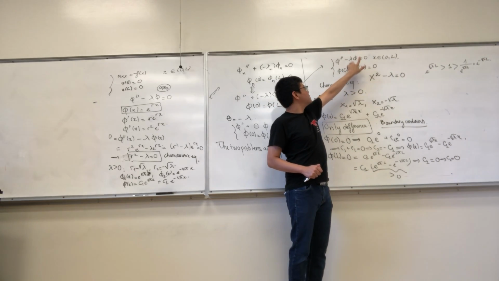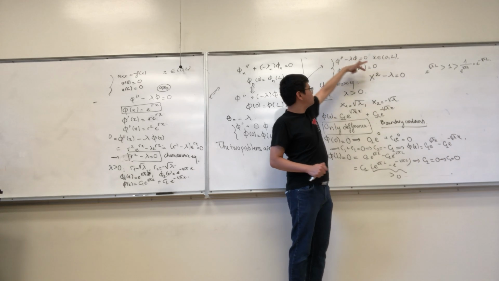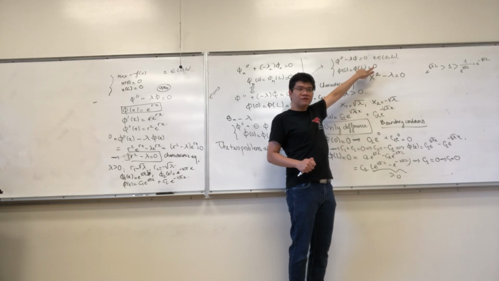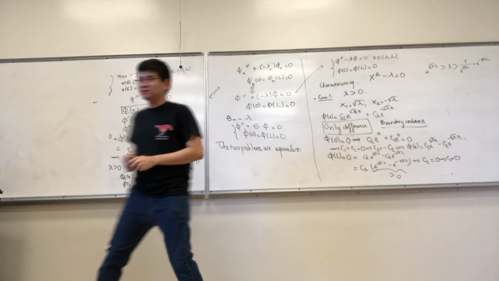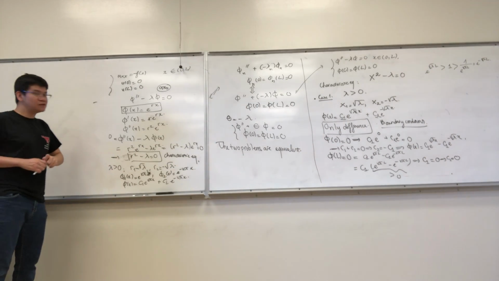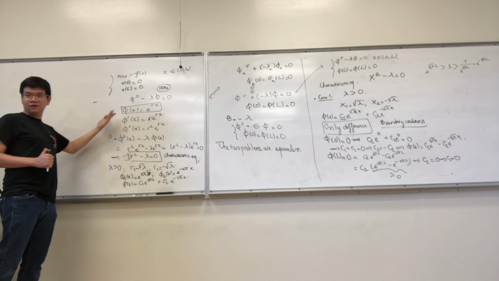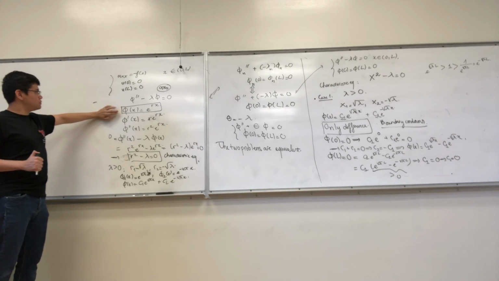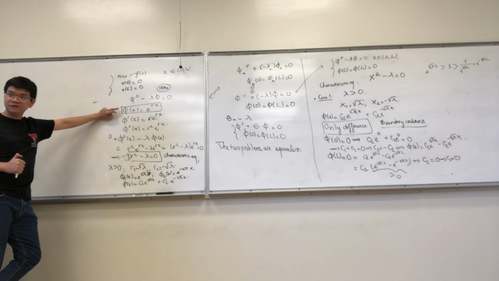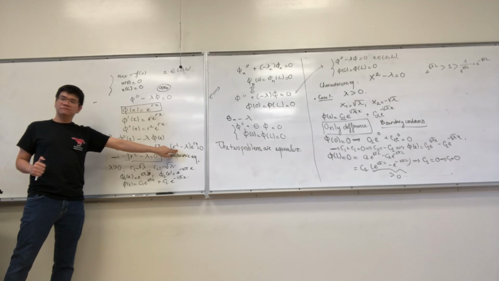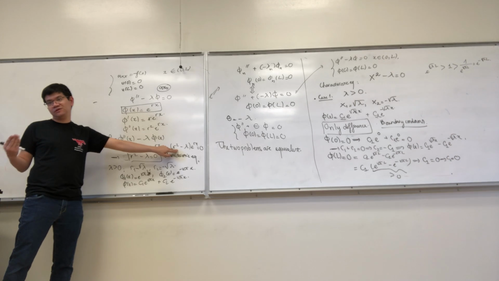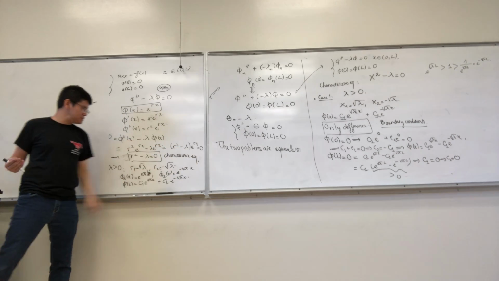Now, let us look into this problem. You have phi second minus lambda phi equals 0, with the two boundary conditions. The method to solve it is the characteristic equation method. How do you obtain a characteristic equation? So this is one derivation, right? You suppose that the solution is exponential of something. You take the second derivative, you plug it back. You will see immediately the characteristic equation: r squared minus lambda is 0.